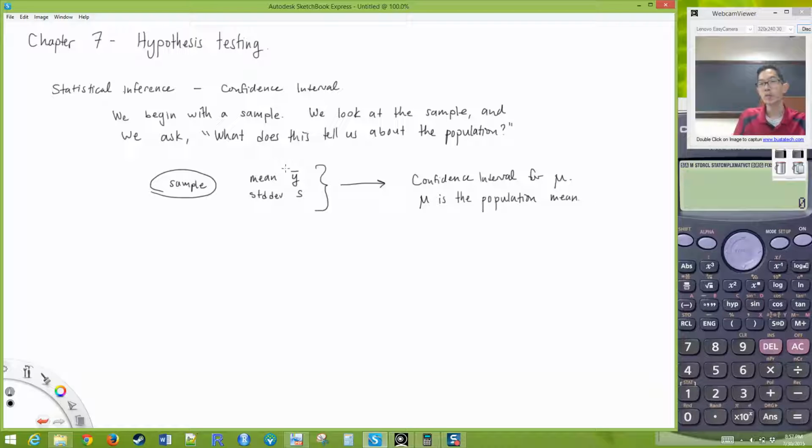Okay, and based on what we see, we can then ask questions like, does our sample provide evidence that the population mean is different from 55 or whatever it might be? Okay, so here's an example.